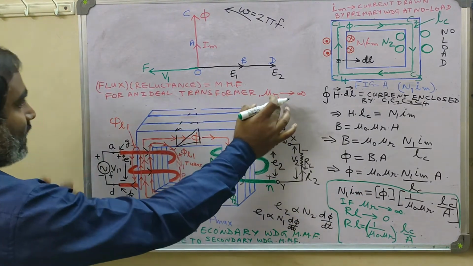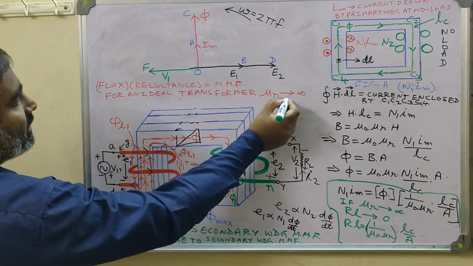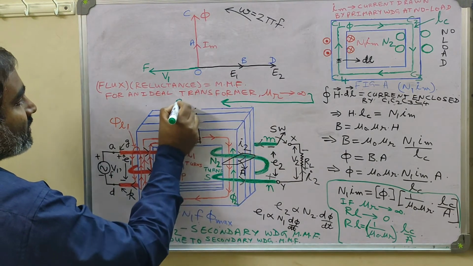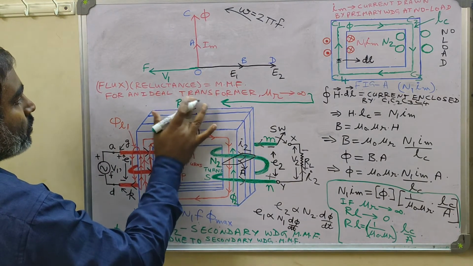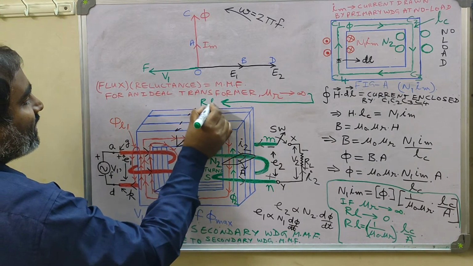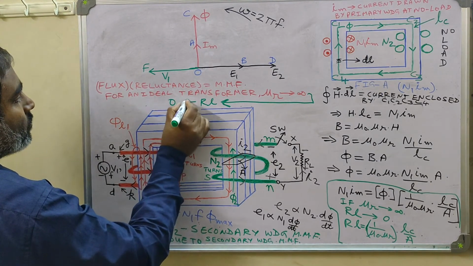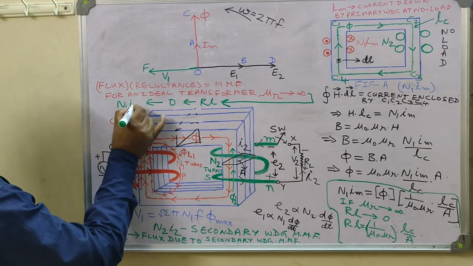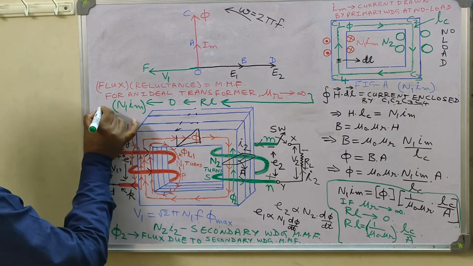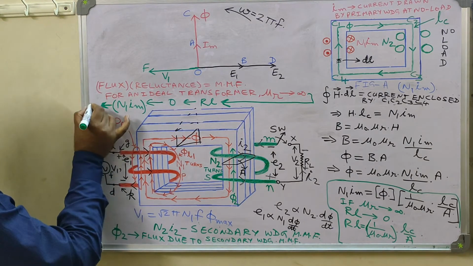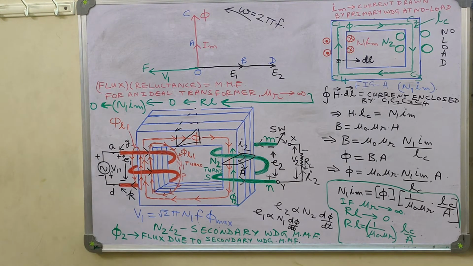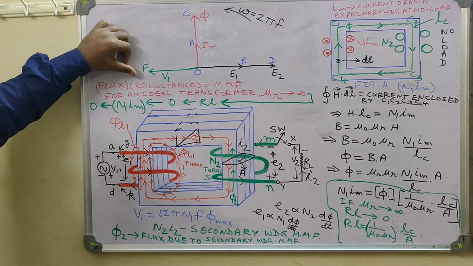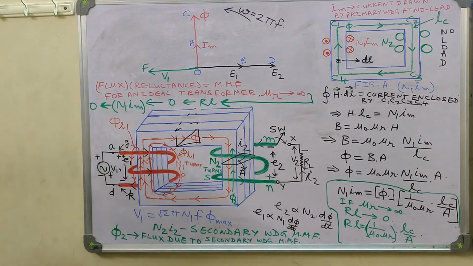So if for an ideal transformer mu r tends to infinity, what is the immediate effect of this? Reluctance tends to 0. And what is the immediate effect of that? N1 into Im, this particular quantity, tends to 0. So this is some sort of chain you can think of, because flux multiplied by reluctance equals MMF.